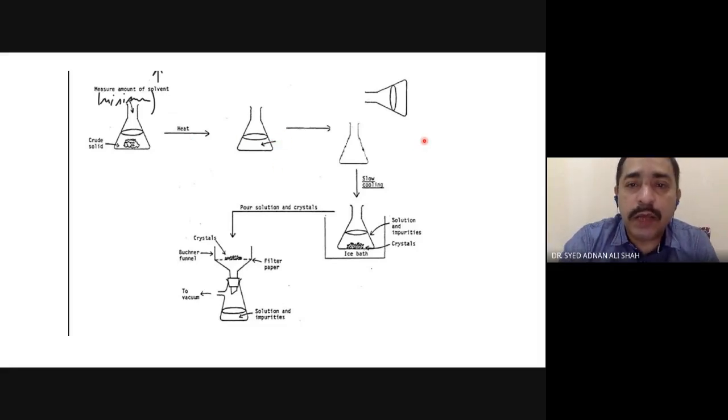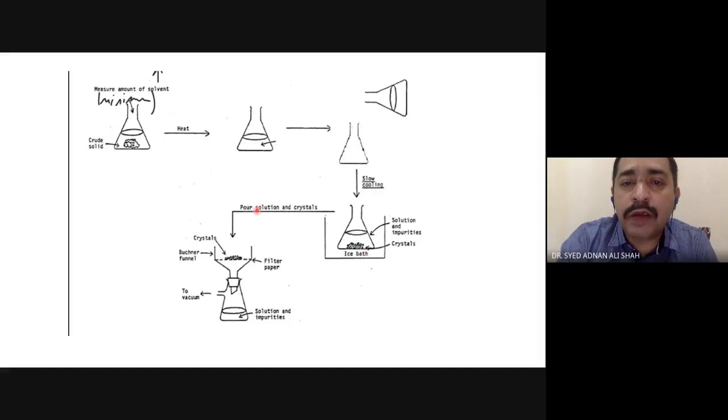After that, the solution is cooled. You can add excess water, because at room temperature aspirin is not soluble in water, and then you put the solution into an ice bath. Further crystals of aspirin will form.